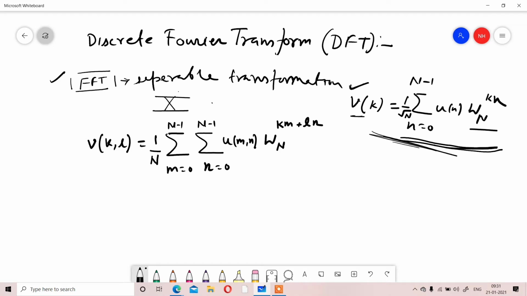So keep in mind, for the DFT expression, whenever we consider one dimensional DFT, we need to normalize by 1 by root n to make it a unitary matrix, and for 2D DFT we need to normalize by 1 by n to make it a unitary transformation.